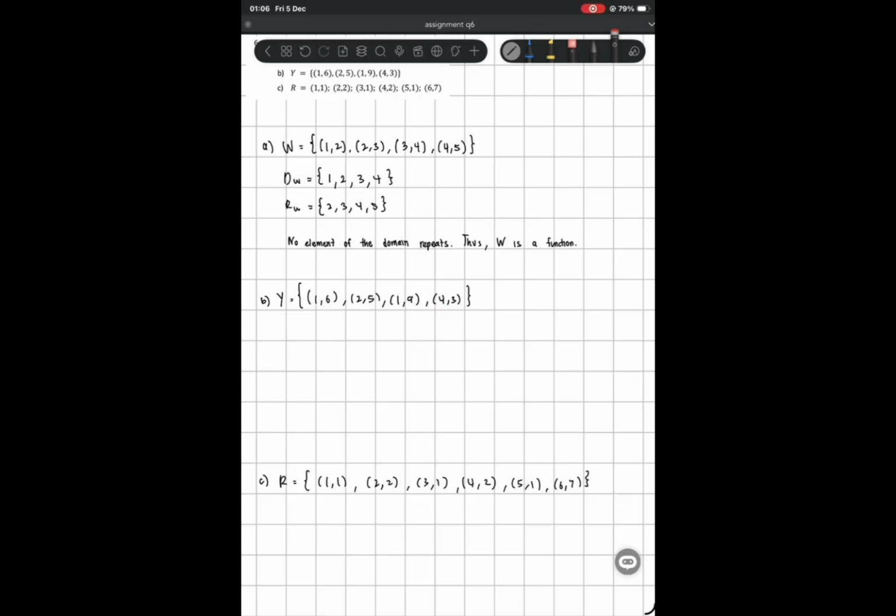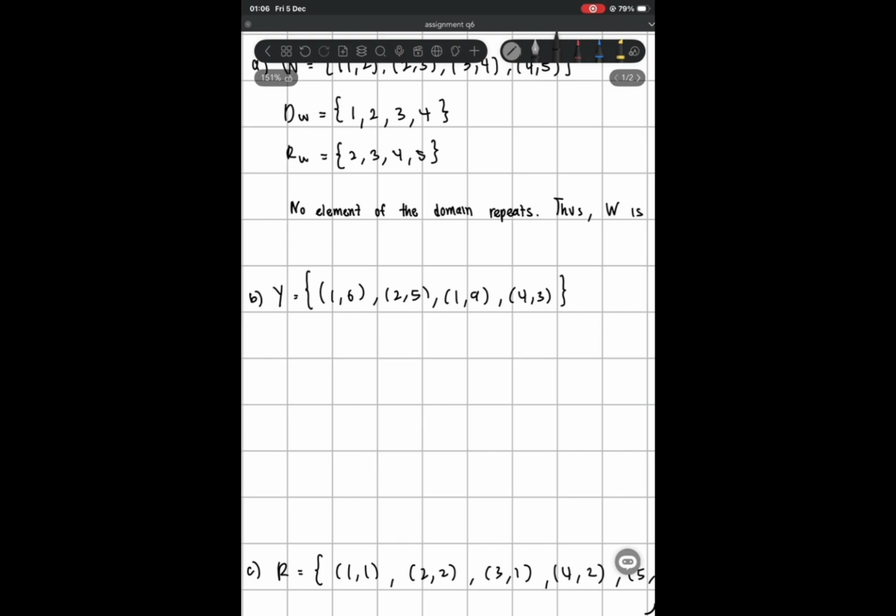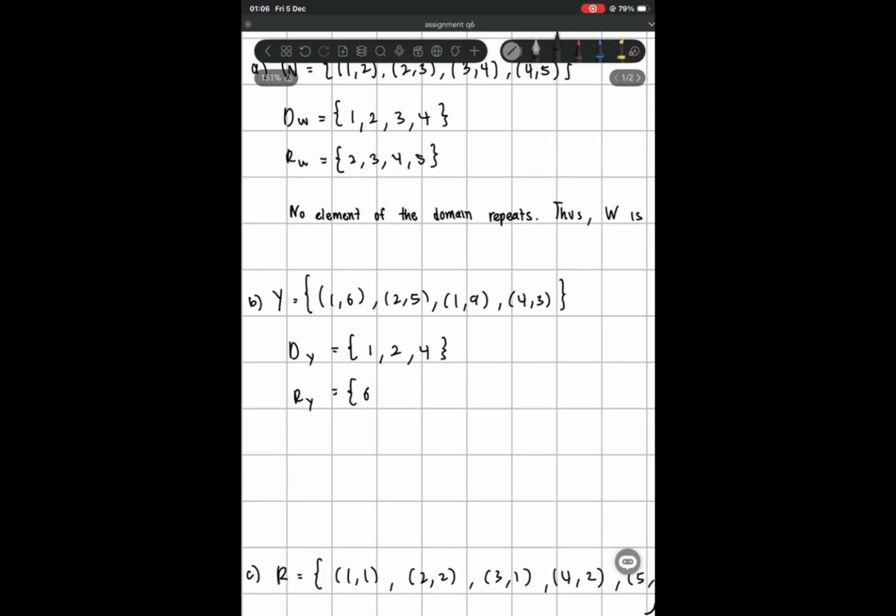We can repeat the steps from question A, that we should list all the domain and the range for Y. The domain is 1, 2, and 4. The range is 6, 5, 9, and 3.